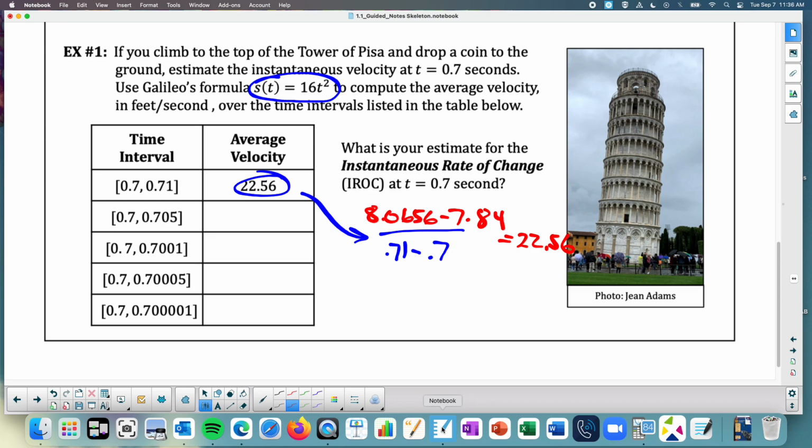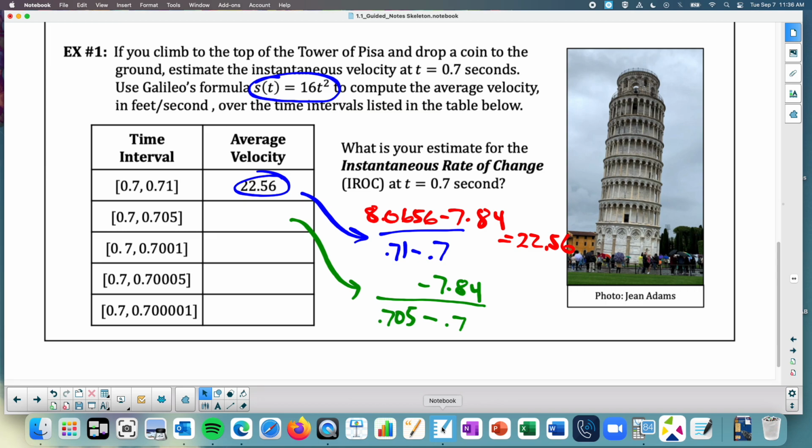So the 0.7 is gonna be the same for all of these, but the second number is just gonna get closer each time. So for my second one, I'm going to have minus 7.84 and minus 0.7. So I'm going to go back to the calculator, which for you guys is sitting right on your desk.